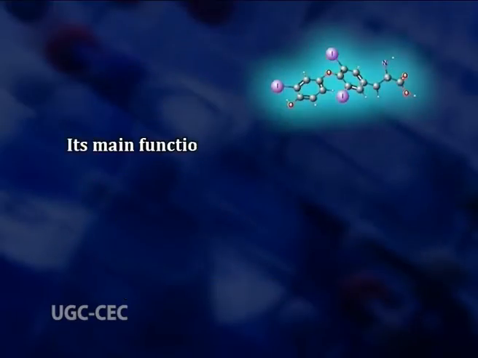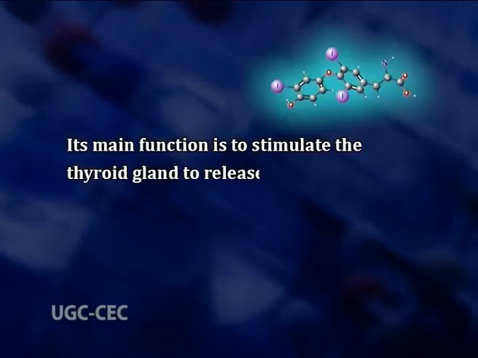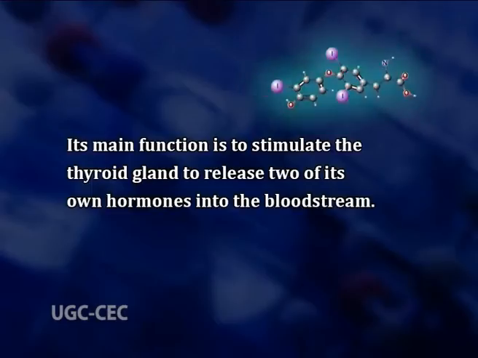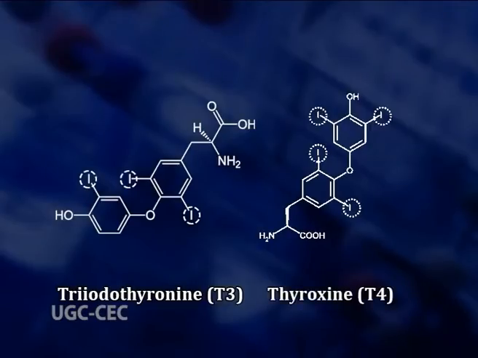Its main function is to stimulate the thyroid gland to release two of its own hormones into the bloodstream. These two hormones are triiodothyronine, that is T3, and thyroxine, that is T4, necessary for body metabolism.